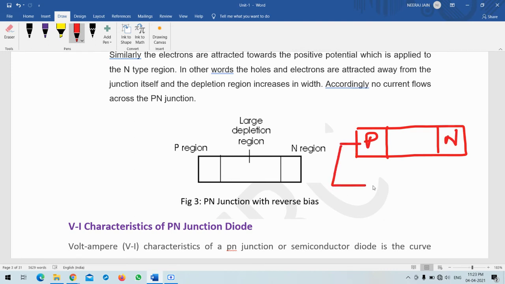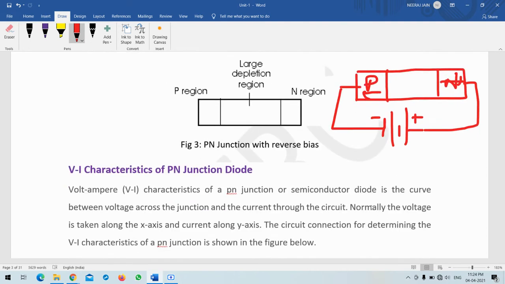We will see that if we connect the negative side of the battery with the P region and the positive side of the battery with the N region, the battery will attract the holes from this side. The holes will not cross the junction and they will move far from the junction. In a similar manner, electrons move towards the battery. So, in this manner, a large depletion region occurs.